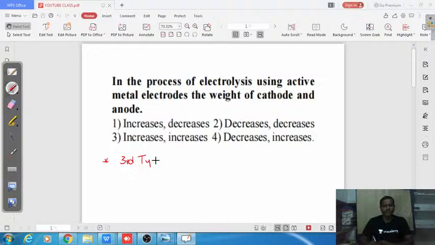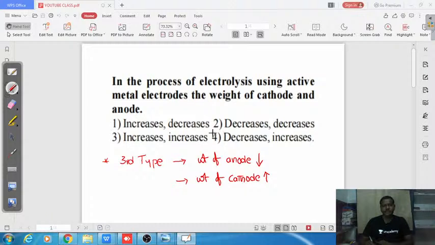In the third type of electrolysis, the weight of anode gradually decreases and the weight of cathode gradually decreases.